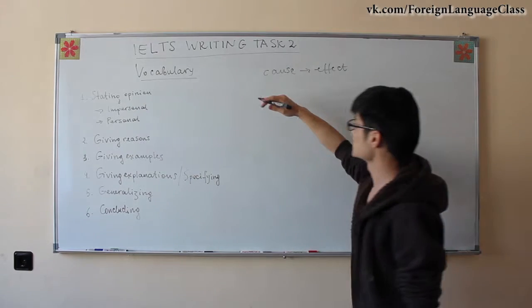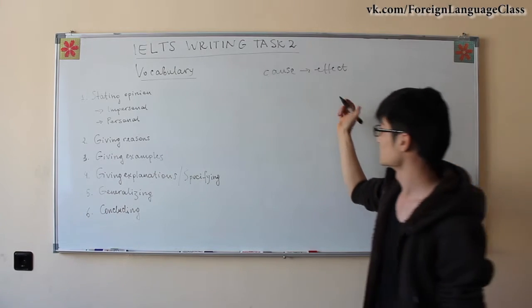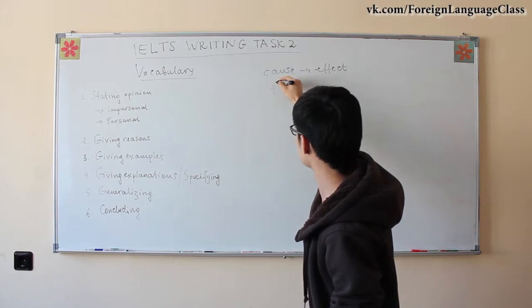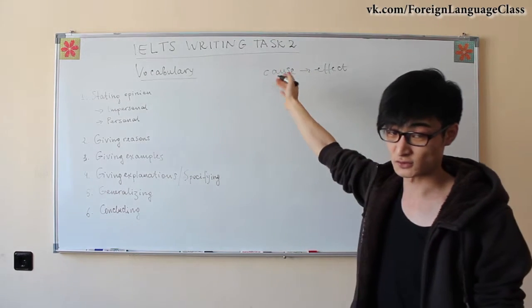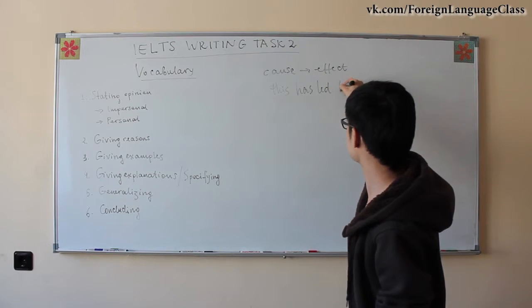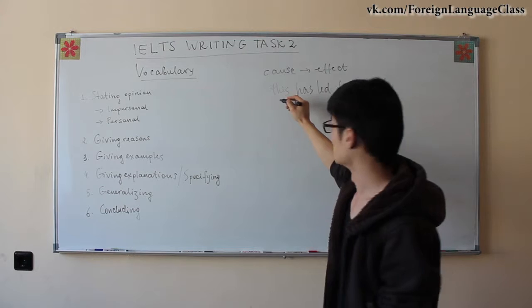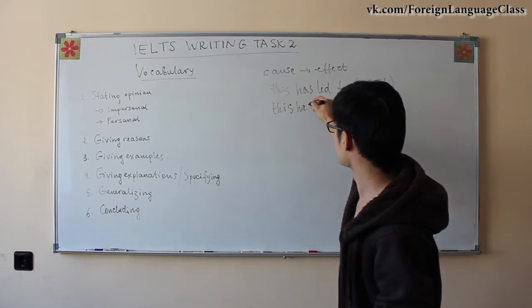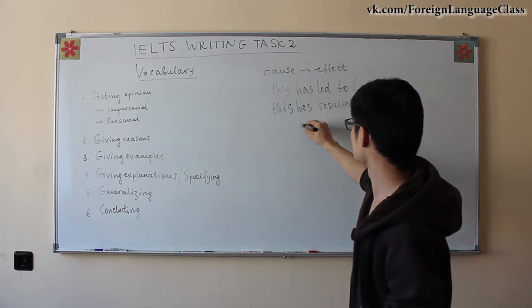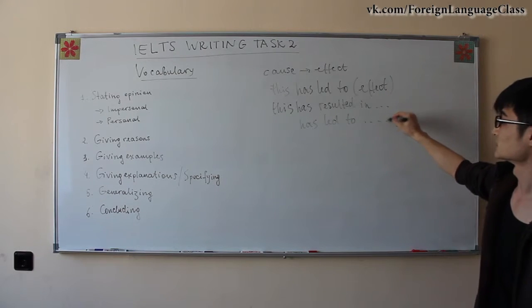So if you have stated your cause and now you want to describe the effect, you may use such words and phrases as: this means, if you have stated the cause, this has led to the effect. Or this has resulted in, or has led to. And here you state the effect.